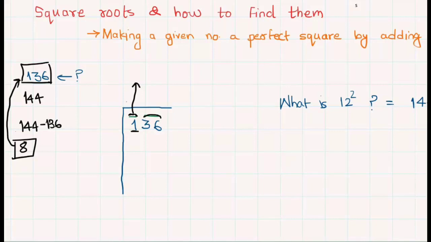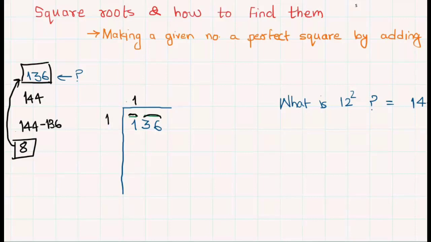In this case, 1 is the perfect square number. So we write 1 here, and we also write 1 over here. This is part of the square root.